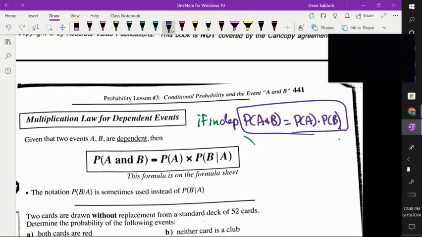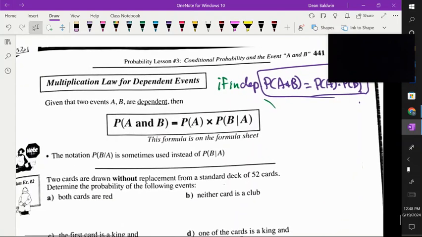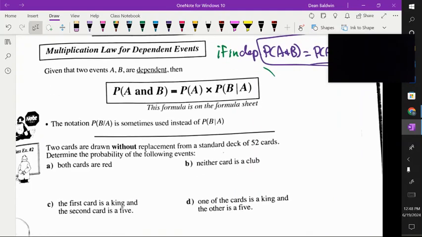If they're dependent, you have to use this formula. All right. Back to cards. Oh, and these formulas, as you'll see, I stay away from them unless you're given this information. Things like this, if you just think about it, you can do it without using these formulas.